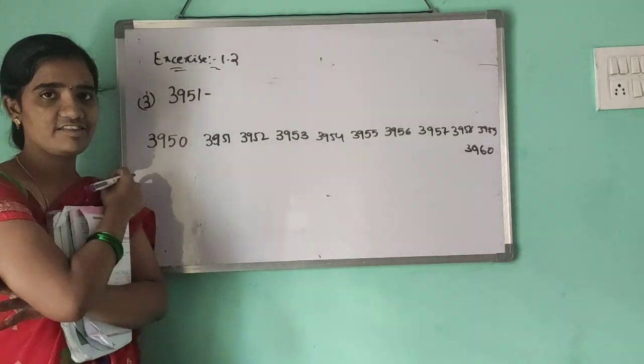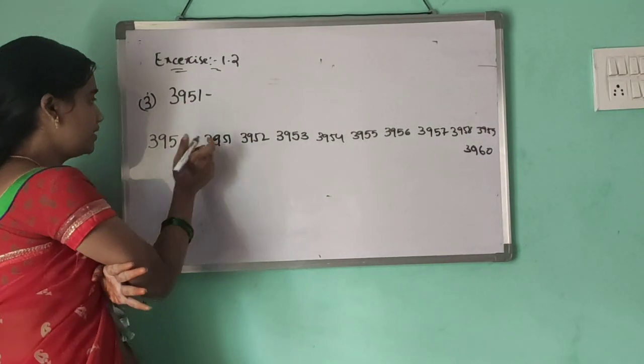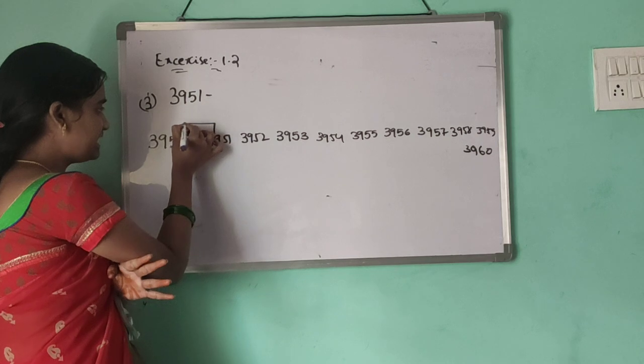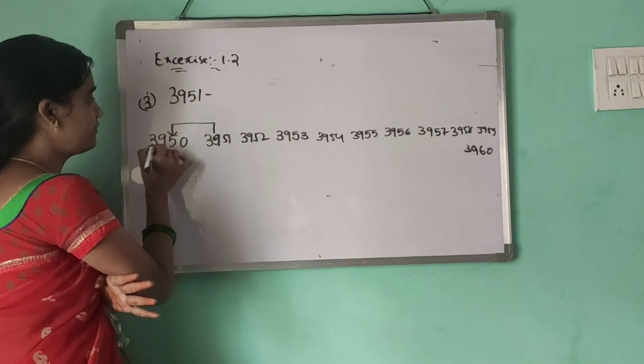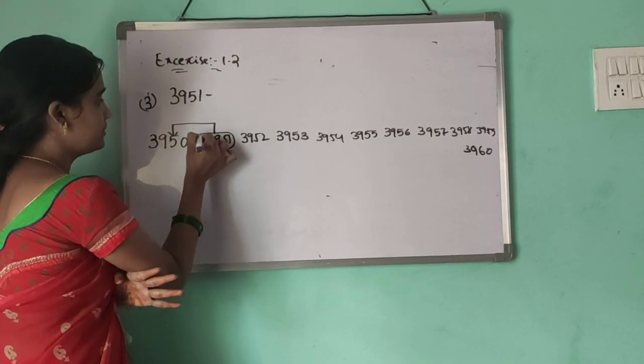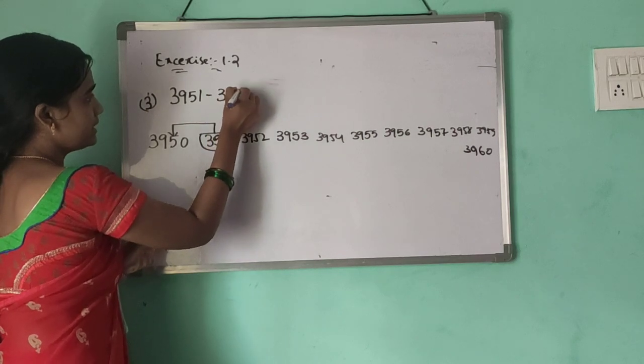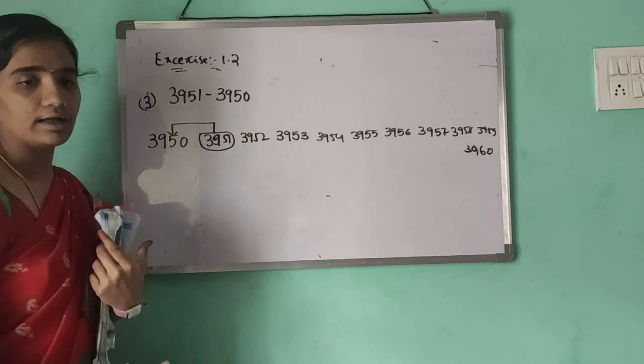Among these, which is the greatest number in the tens place? Clearly, 3950 is the one, so the answer is 3950 as the nearest number.